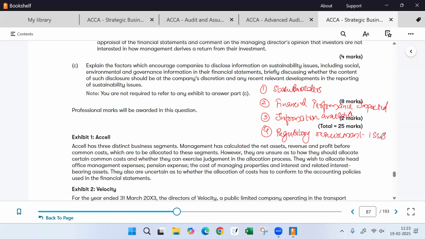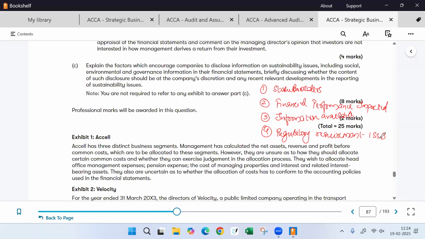Now, coming to your question, which is there in your question, can you just give me that laptop? Companies are increasingly disclosing information on sustainability in their annual reports.